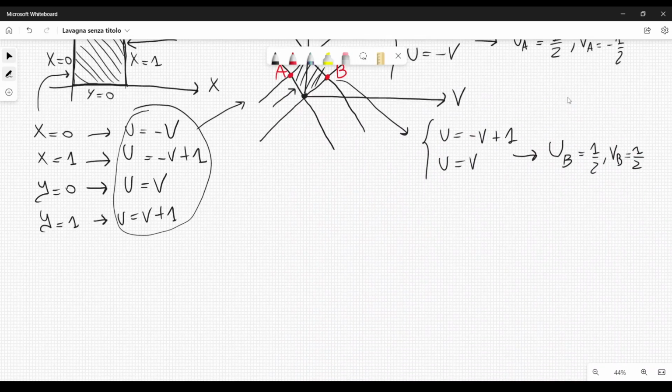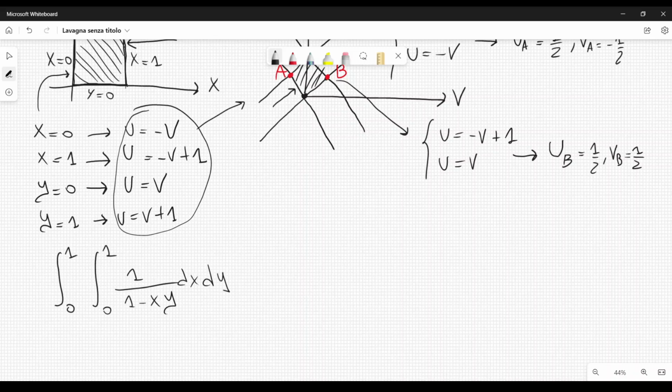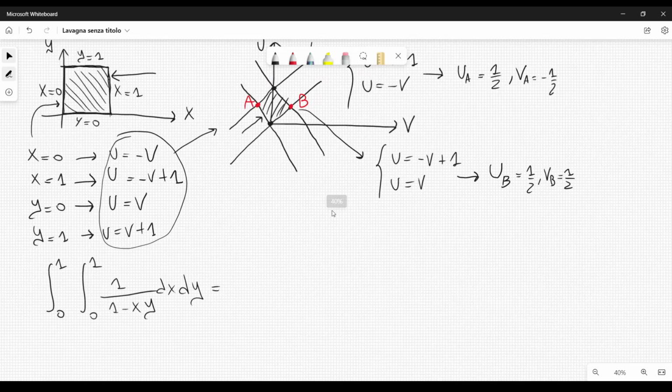And now we are ready to rewrite the double integral that we have on the xy plane, integral from 0 to 1, integral from 0 to 1 of 1 over 1 minus xy dx dy. This will become like this. So first we will integrate over v, and then we will integrate over u.